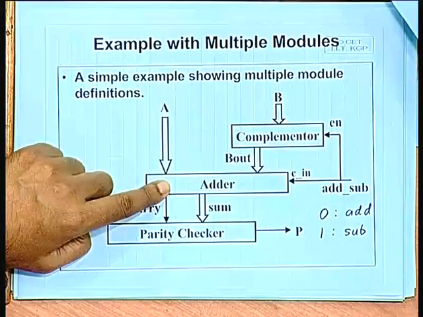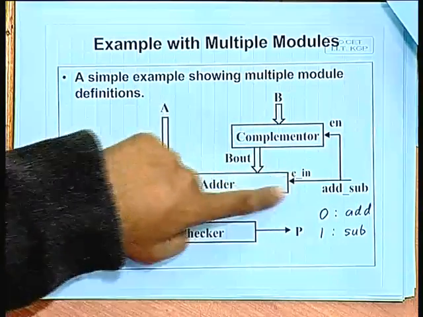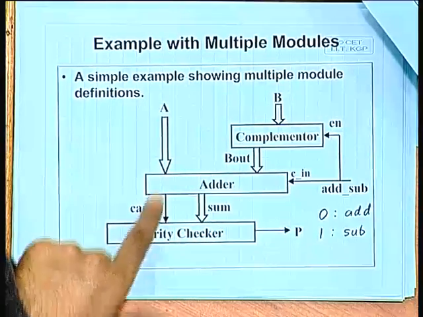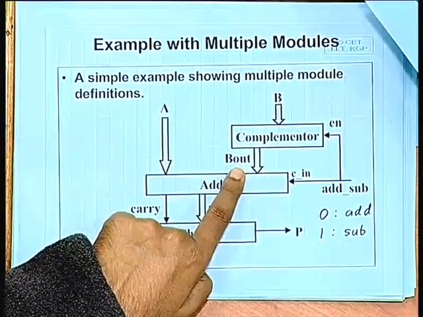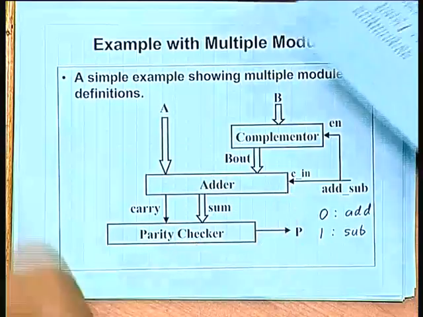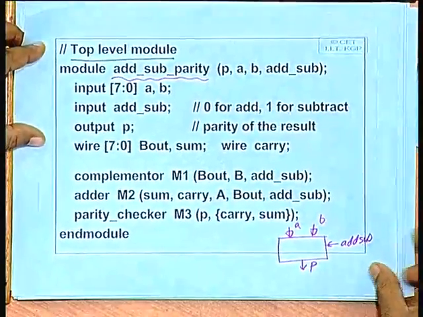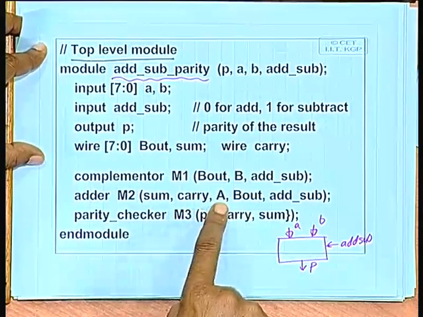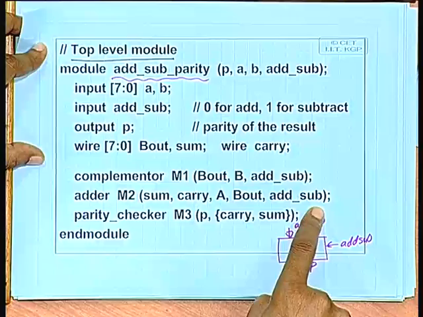Now comes the adder. With respect to the adder, the outputs will be this intermediate sum and carry, and the inputs will be A, this B out and this add-sub, right. So, you see this adder will have sum and carry as the outputs and A, B out and add-sub as the inputs.